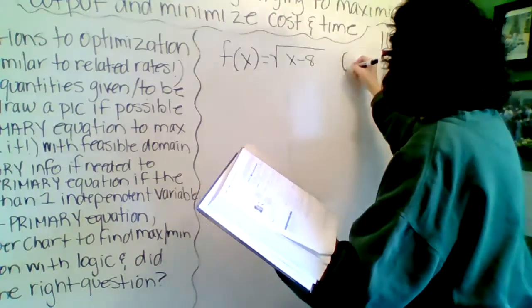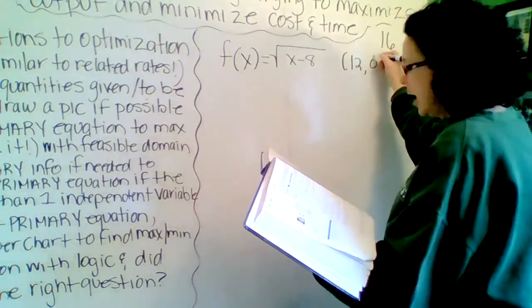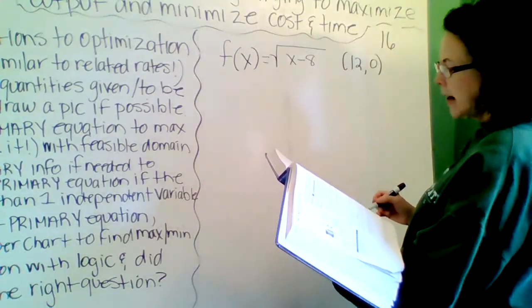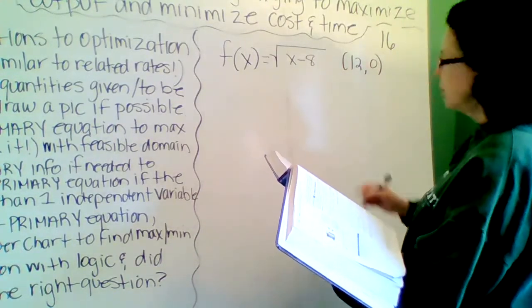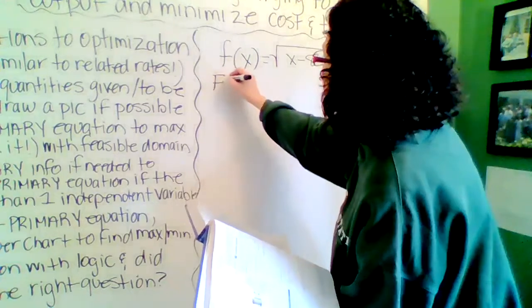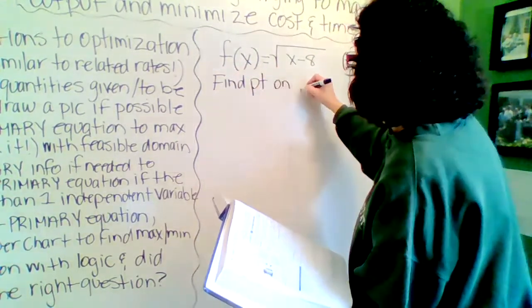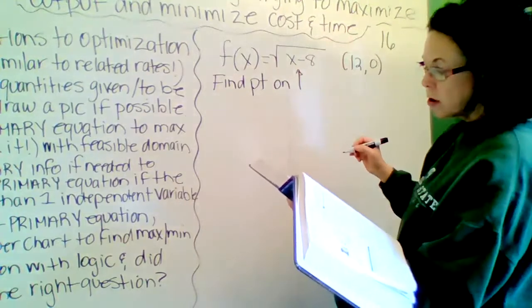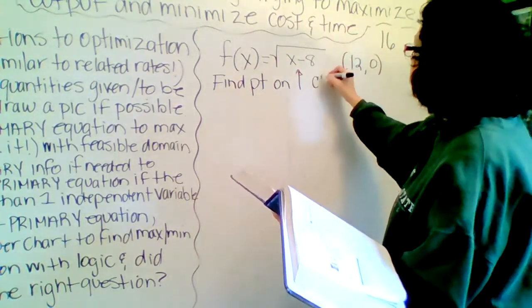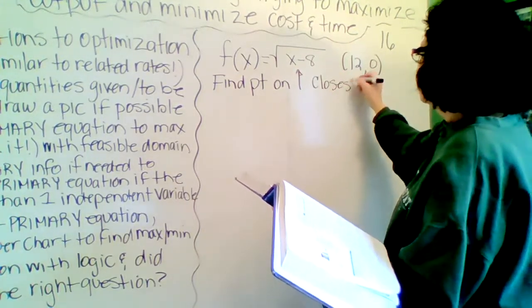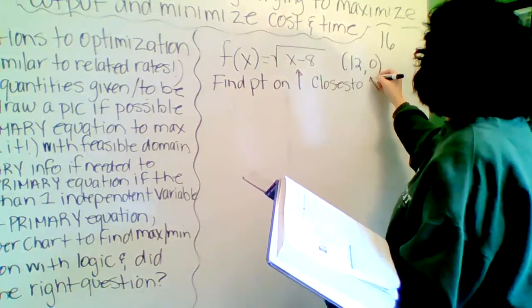And they give you this point 12, 0. And what they want from you, it says find the point on the graph of the function that is closest to that point.